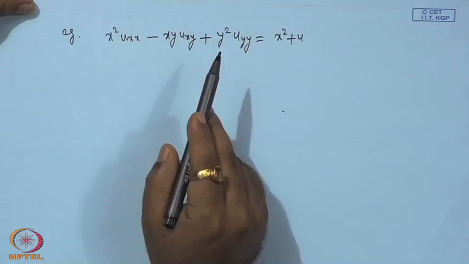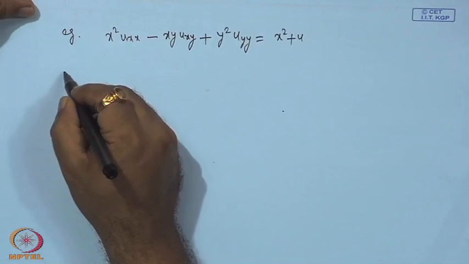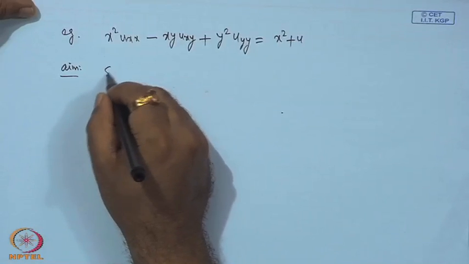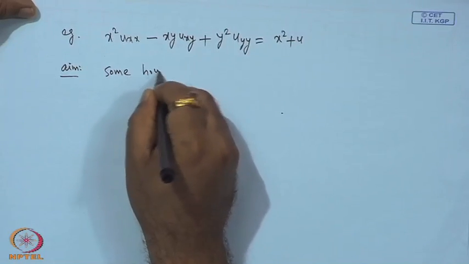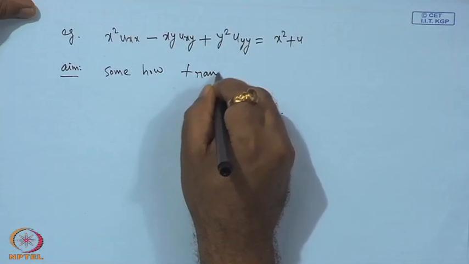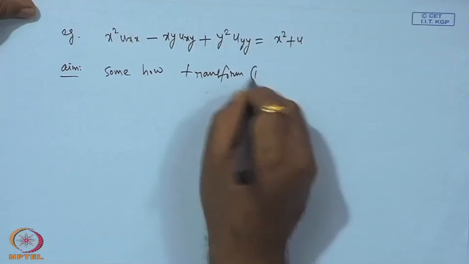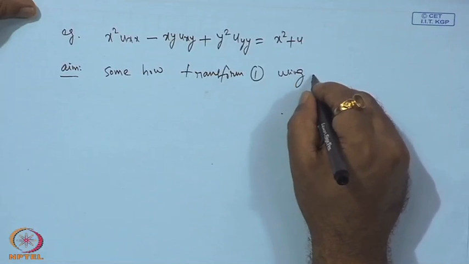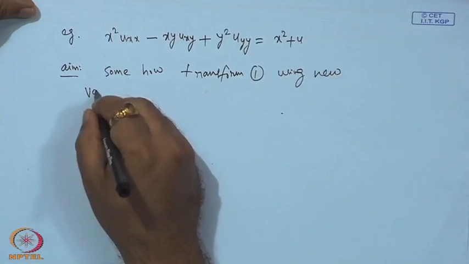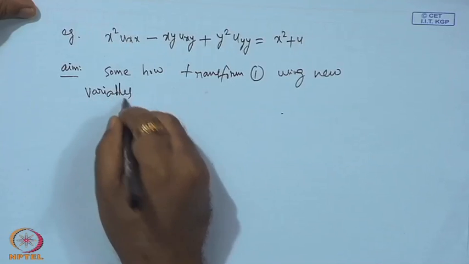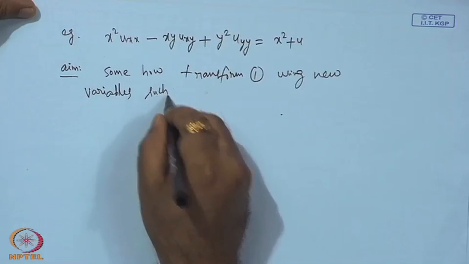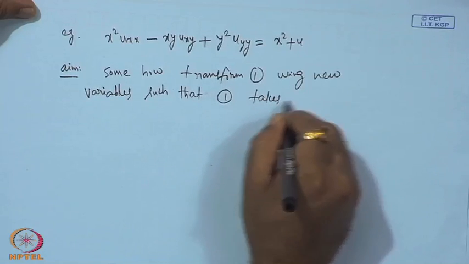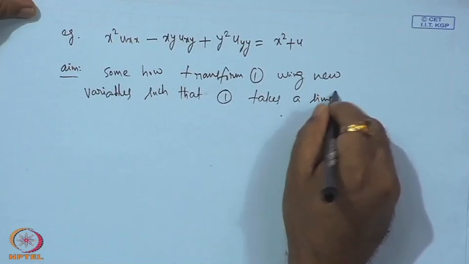What would be our aim? Our aim is to somehow transform 1 using new variables such that 1 takes a simple form.